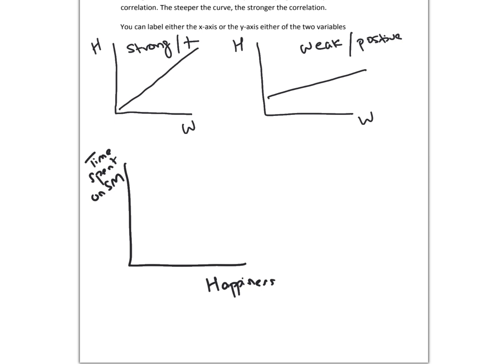Now let's assume that the more time you spend on social media, the less happy you are. Let's give it a downward sloping curve. This is an example of a very strong negative correlation. The reason this is a negative correlation is because it's downward sloping, and it's strong because it's a very steep curve. So this is letting us know that the more time you spend on social media, the less happy you're likely to be. It's a very strong chance that that would happen.